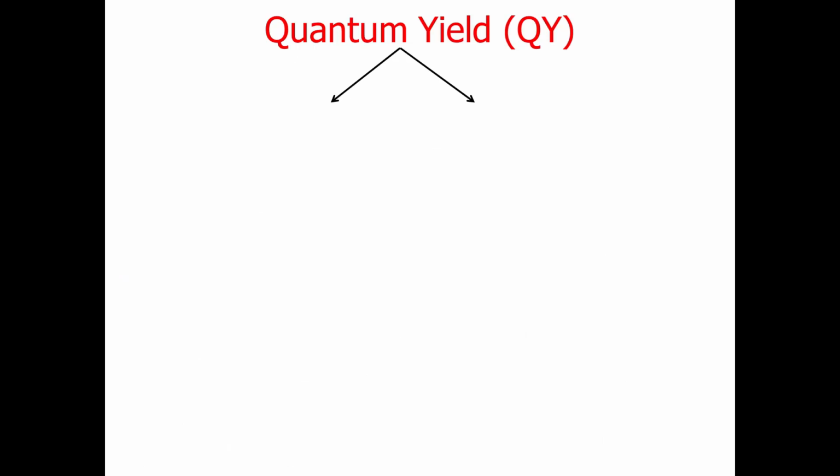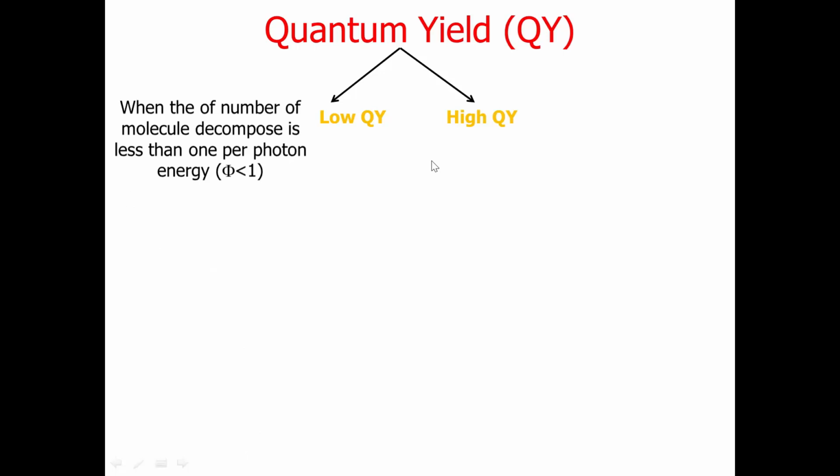So you can see here, as I have stated earlier, that quantum yield value is of two kinds. One is low quantum yield and another is high quantum yield. Low quantum yield means when the number of molecules decomposed is less than 1 per photon energy, or alternatively in terms of moles, when the number of moles decomposed is less than 1 per Einstein energy.